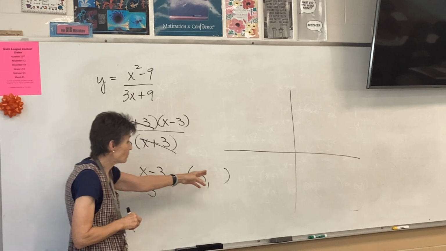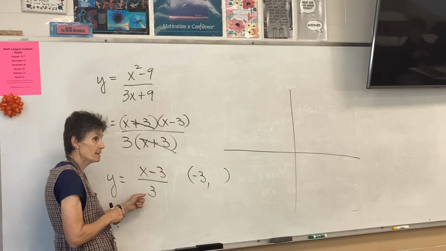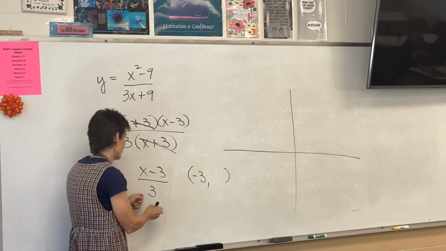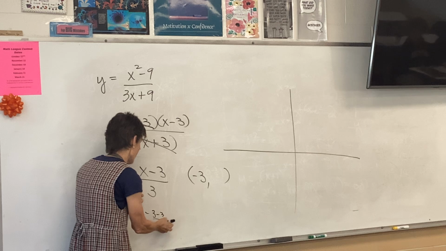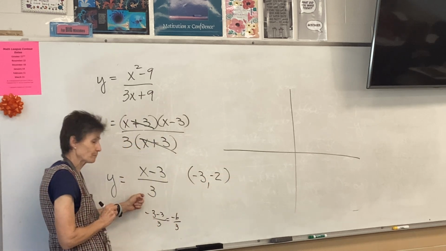And how do we find the y? Plug it in right here: -3 minus 3, over 3. I got -2. What about you?